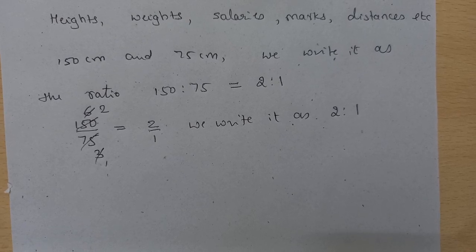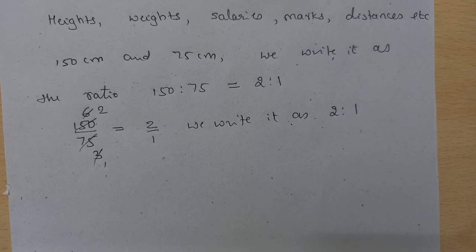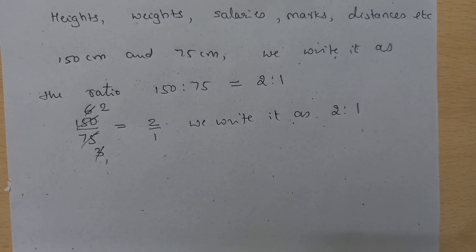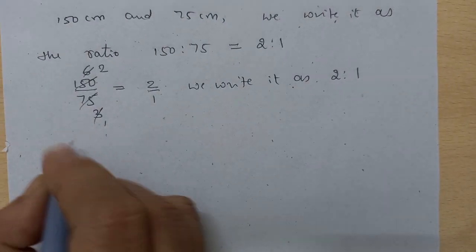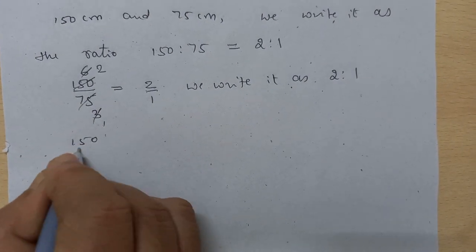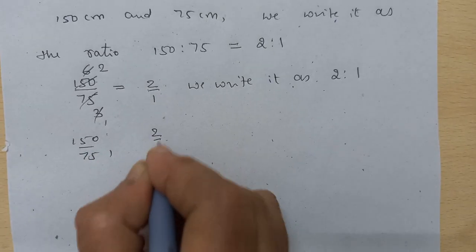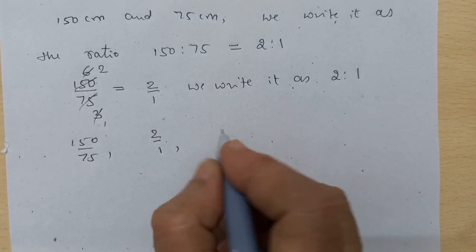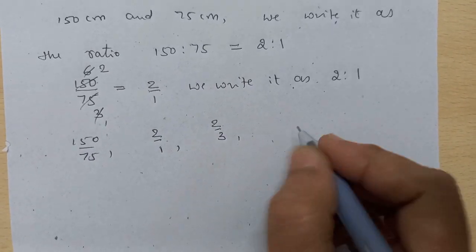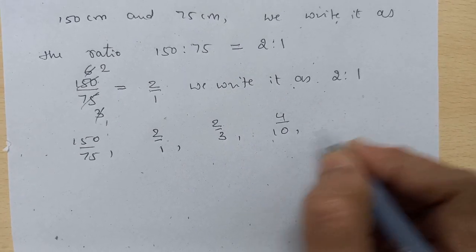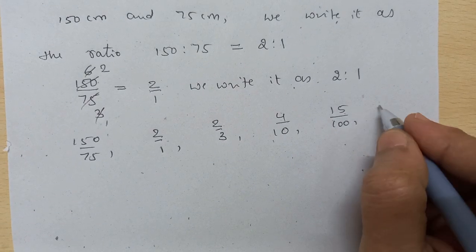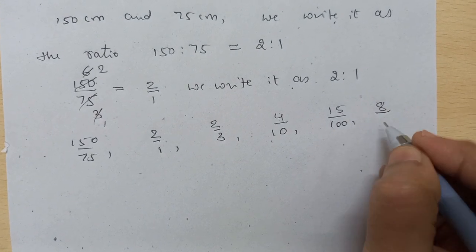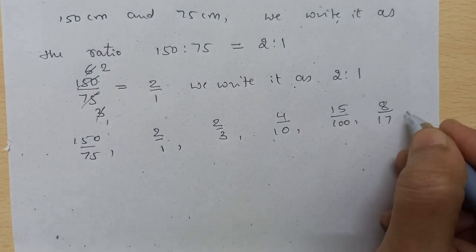A way of comparing quantities is percentage. Now, I want you to learn what a percentage is. In these fractions, 150 upon 75, 2 upon 1, or you take any fraction, 2 upon 3, 4 upon 10, 15 upon 100, 8 upon 17, and so on.